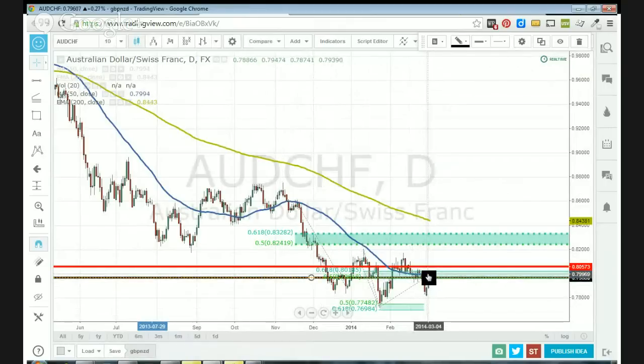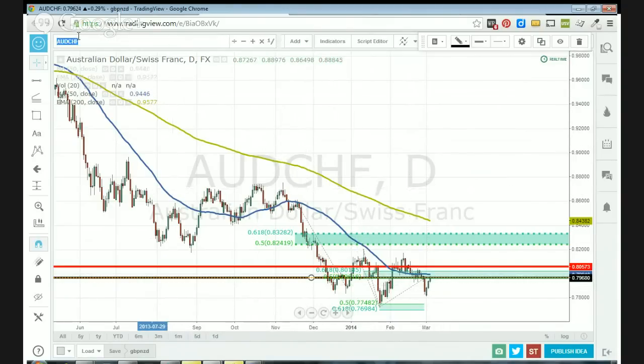There's the 50 simple moving average, and this is also a 50% Fibonacci retracement from swing high to swing low. We're at the 50 simple moving average, and at a level that I think is a minor resistance level just based on price action. That position is basically at break even now, only 1 or 2 pips in the money. It just got filled.